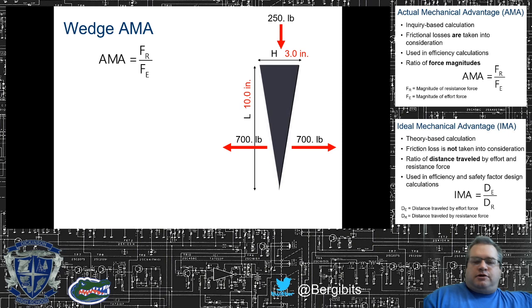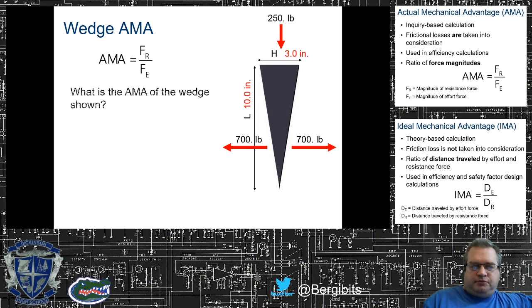AMA deals with force. The 700, by my mouse, is going along the H plane, and 250 is going along the L. Force resistance is going to be 700 divided by 250.